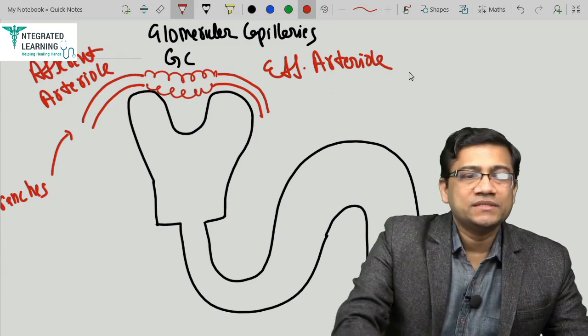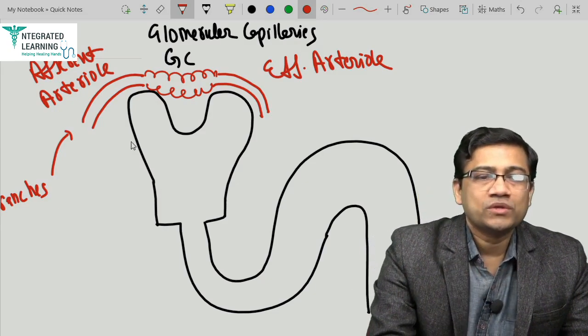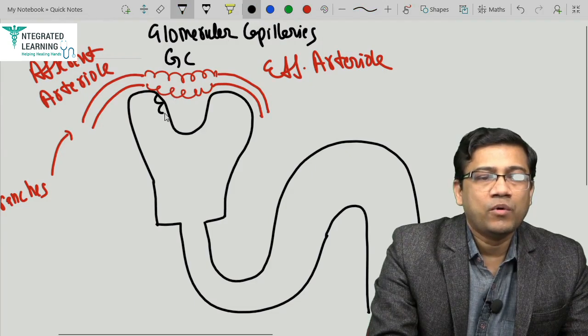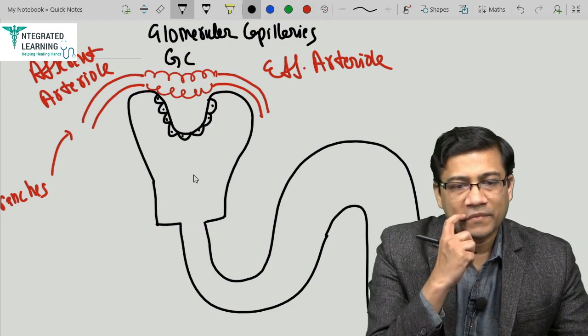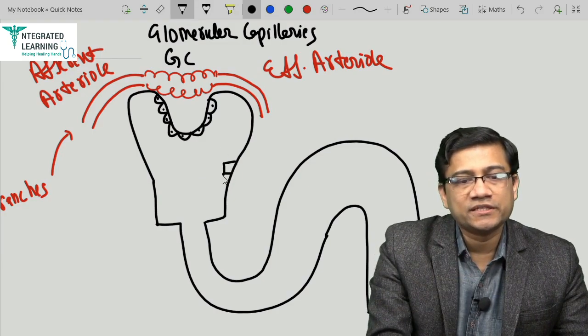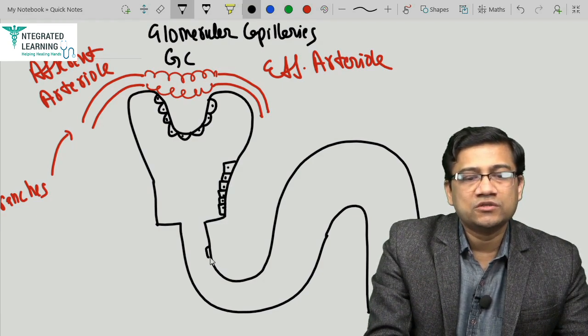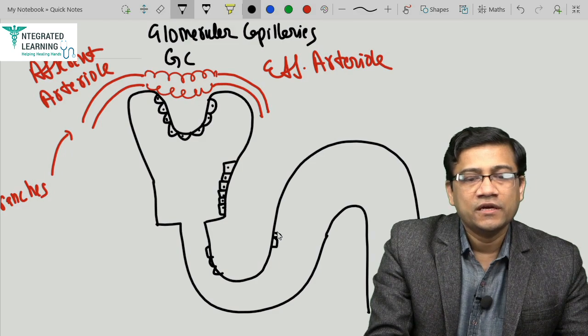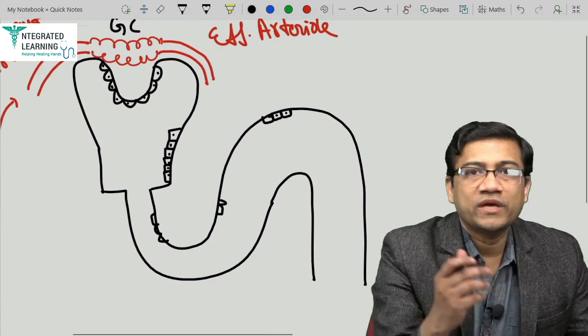The point is, all the cells are supplied by some capillary. So the cells of the Bowman capsule, these podocytes, would be supplied by which capillary? By the glomerular capillary. But are the cells present in PCT etc.? Yes. So the cuboidal cells of PCT or the cells of loop of Henle ascending, descending, DCT are also cells, so do they require capillary?